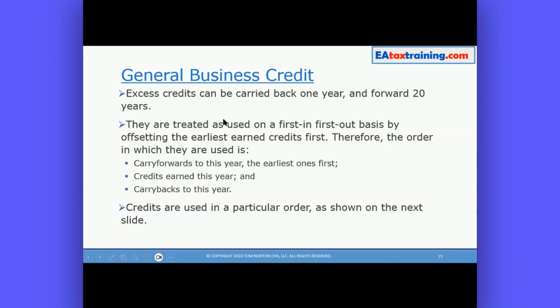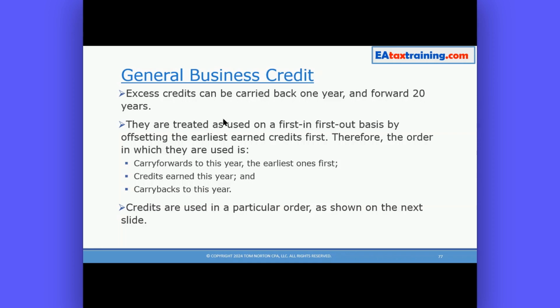So it's non-refundable. The government is not going to send you a check for the difference, but they are going to let you use it. You can carry it back 1 year and you can carry it forward 20 years. So as long as you can use it during that time frame, then you will get to use it eventually. They are treated as used on a first in, first out FIFO basis by offsetting the earliest earned credits first.